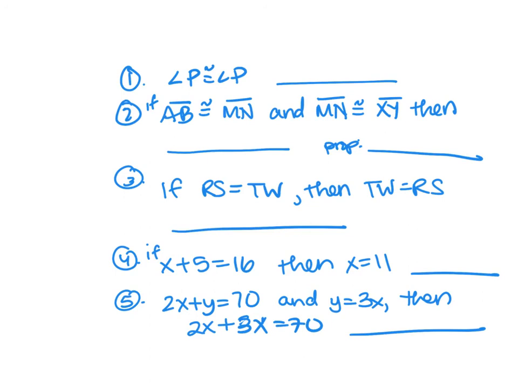Once you unpause it, the first one is something equaling itself. That's reflexive. The next one is like an A equals B, a B equals C. Therefore, line segment AB would be congruent to line segment XY, and that is transitive.